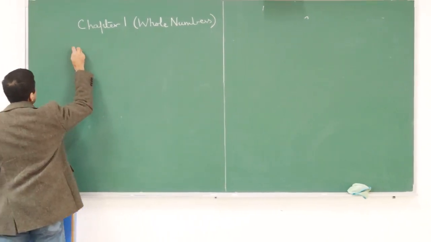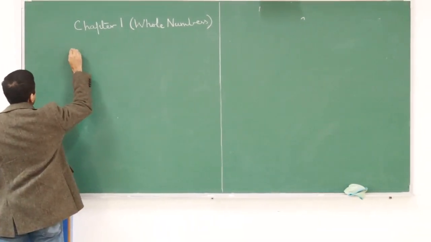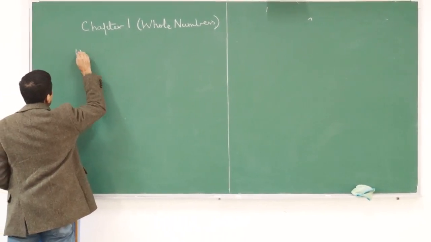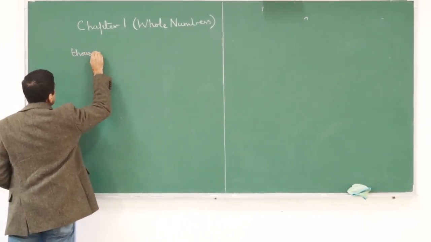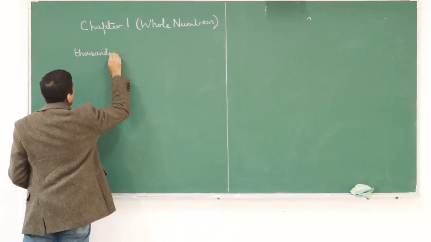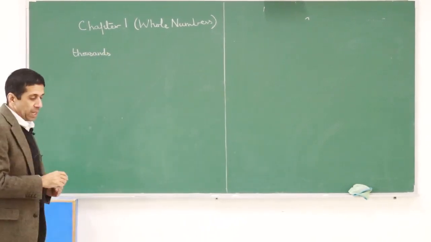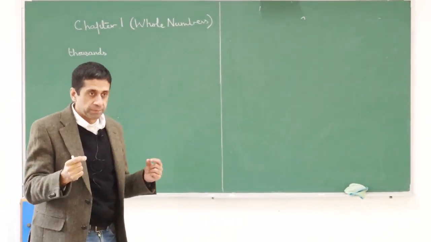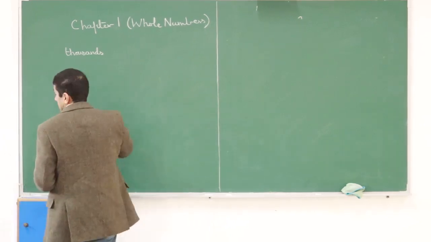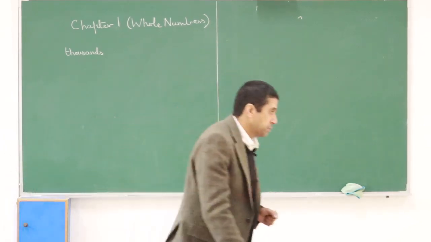Let's take thousands. So we have a thousands column. Think of it as a 1,000 rupee note. Take it. This is a 1,000 rupee note.